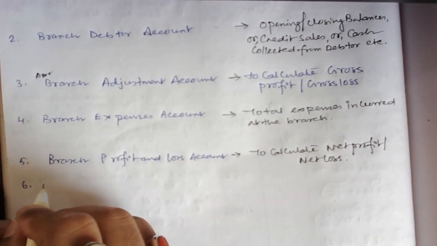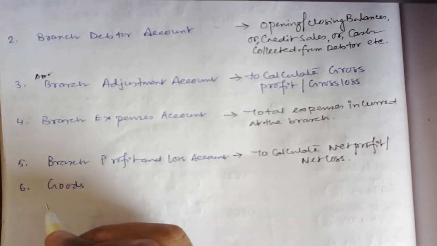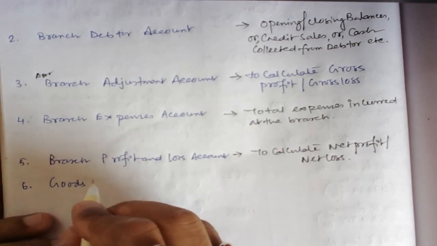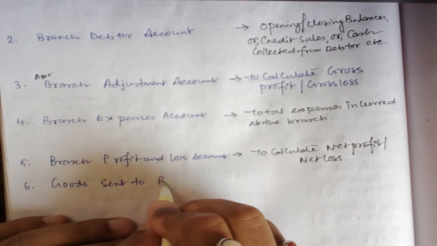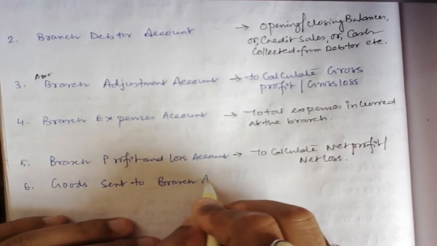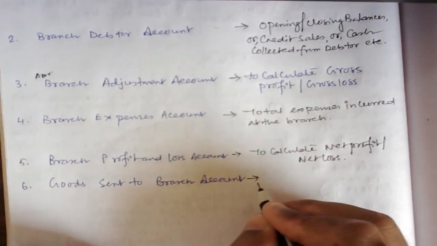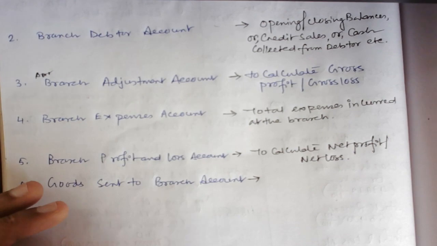After this, sir, the sixth account is the goods sent to branch account. The goods sent to branch account helps us to get the amount of net cost of goods sent to the branch.